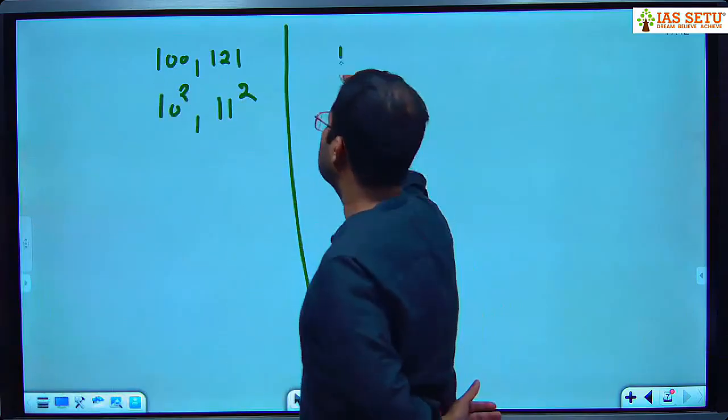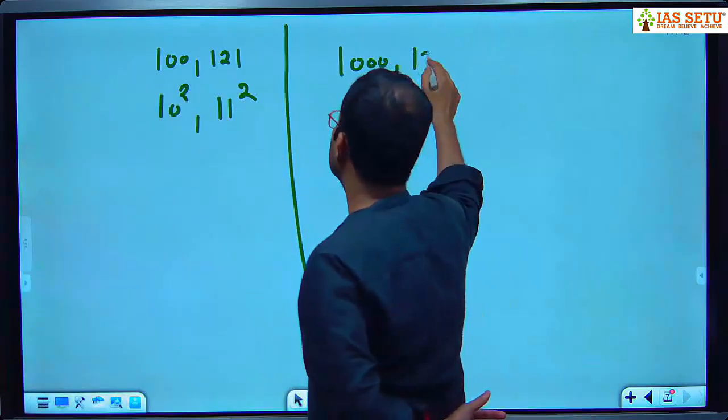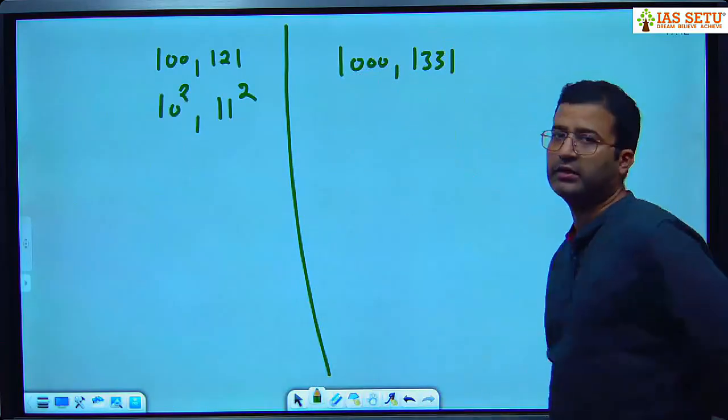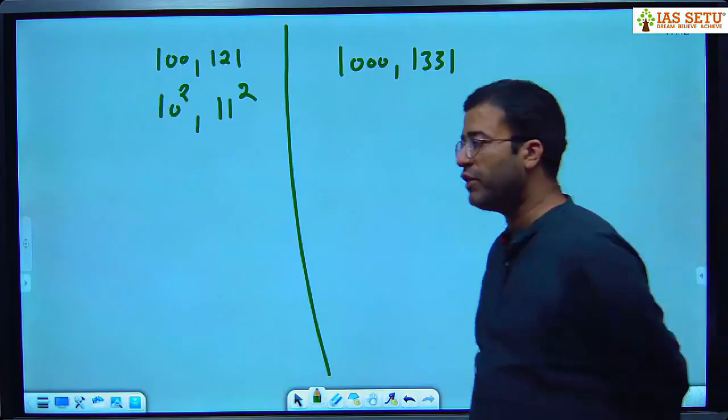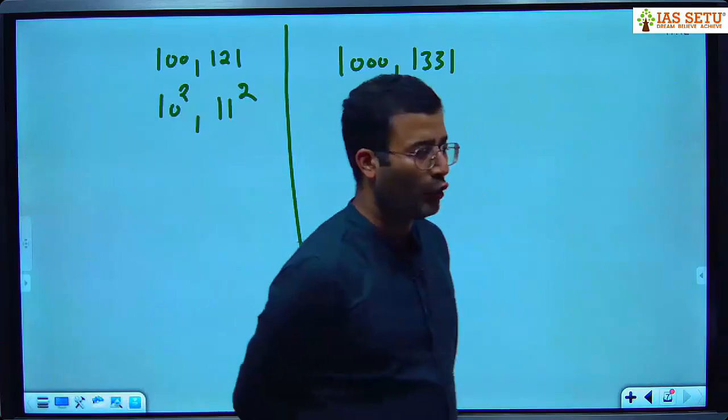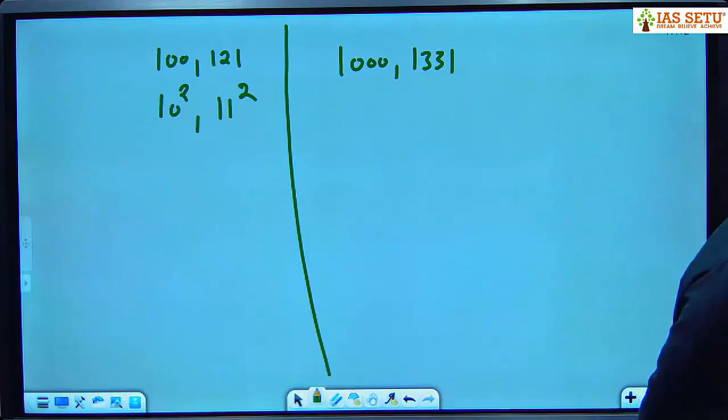Like if I ask you 1000 and 1331, no need to take factors and check. If I ask you if 1000 and 1331 are co-prime, yes or no? Take time and write in your comment.